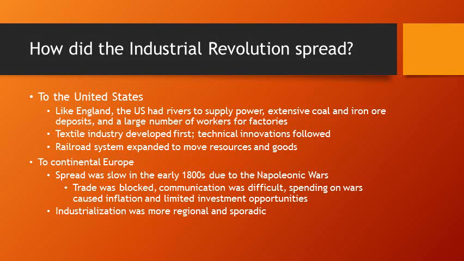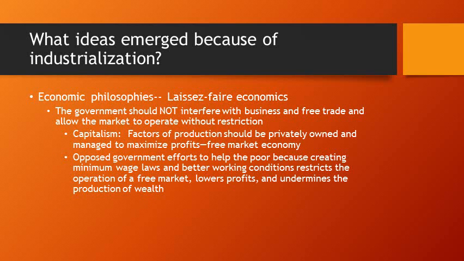The wars blocked trade, they made communication more difficult, and spending on the wars caused inflation and limited investment opportunities. Once industrialization began in Europe, it was more regional and sporadic. Some regions concentrated or specialized in certain goods, and other regions really didn't experience industrialization until much later.